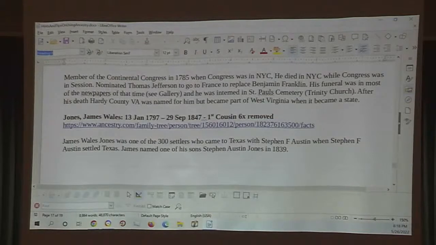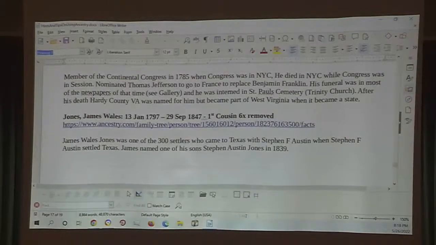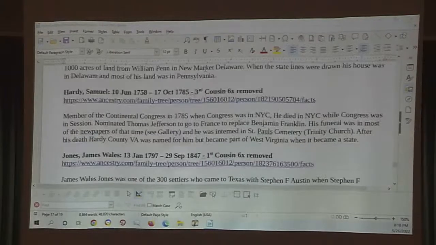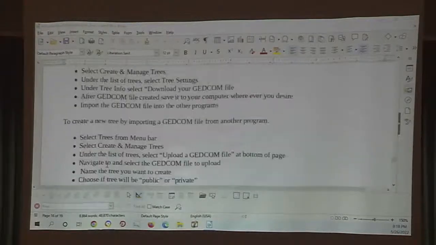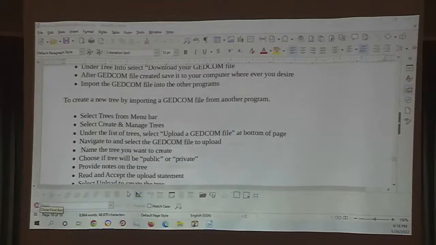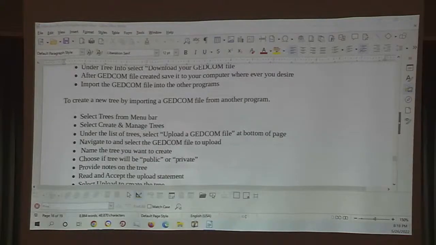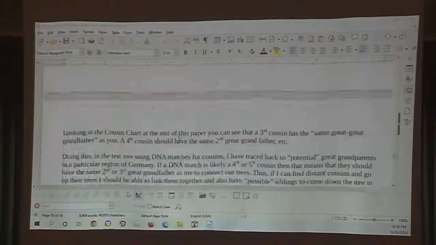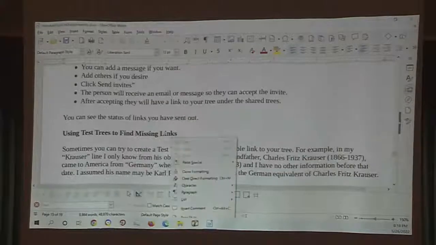Let's see. It's kind of the shotgun approach, but I think I covered everything I wanted to cover. Hopefully you got some tips out of there that would be useful to you. And like I said, my email address is here, or one of them.